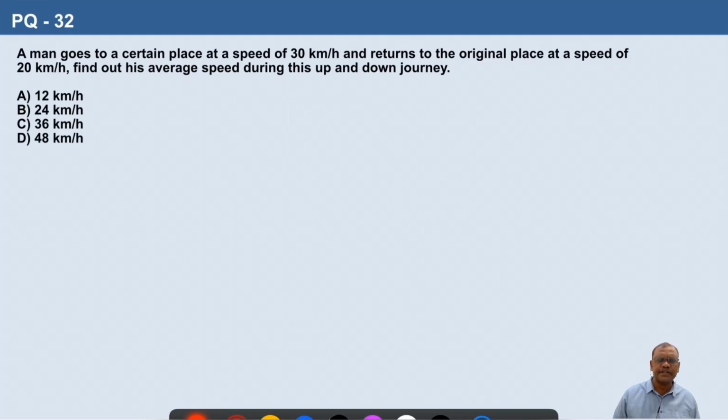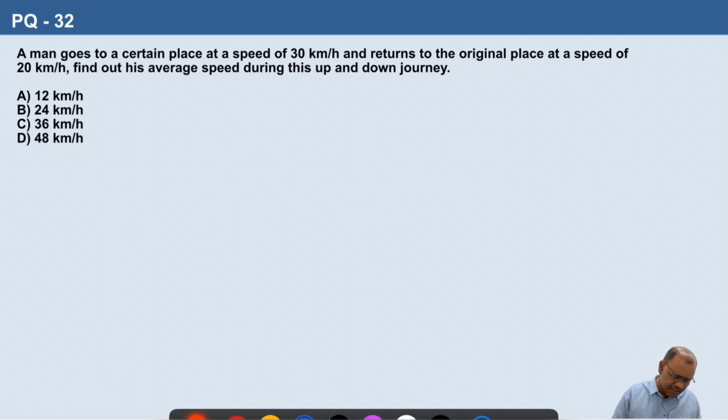Question number 32. A man goes to a certain place at a speed of 30 kilometers per hour and returns to the original place at a speed of 20 kilometers per hour. Find out his average speed during this up and down journey.